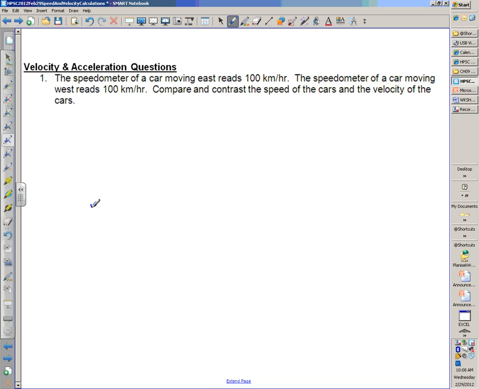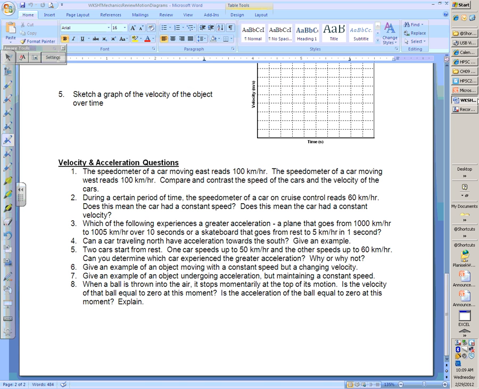So is it a speedometer or is it a velocimeter? It's a speedometer, because if it was a velocity meter, it would tell you which way you're going as well. Some cars have a little direction gauge, and that together with the speedometer would make it a velocimeter. All right.